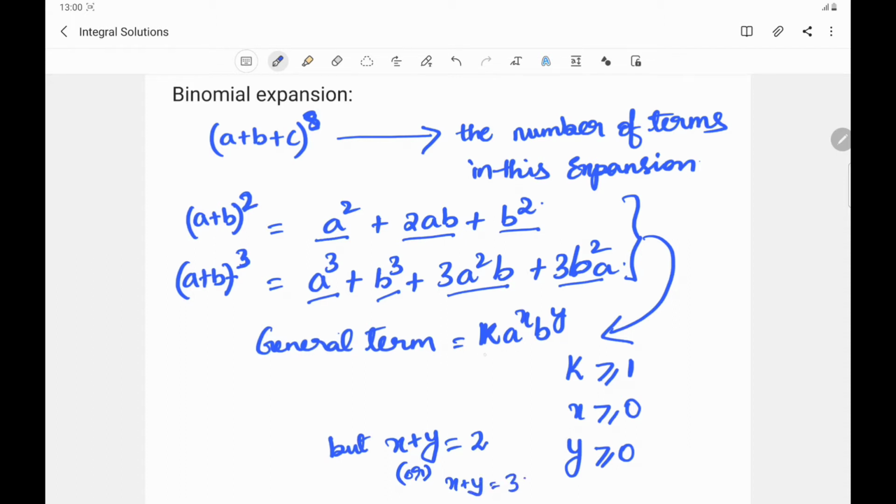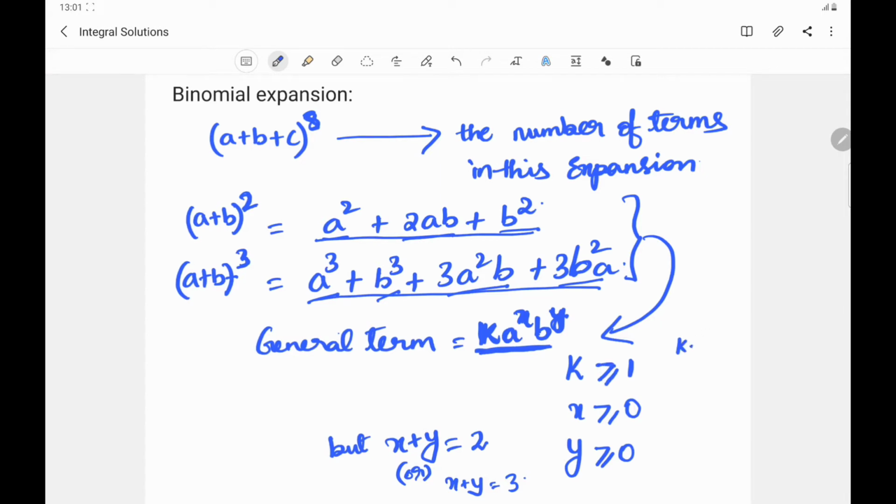The key to this is that any term in this expansion, (a + b) whole square or (a + b) whole cube, can be written in this form, which is k into a to the power x into b to the power y. K will be greater than or equal to 1.